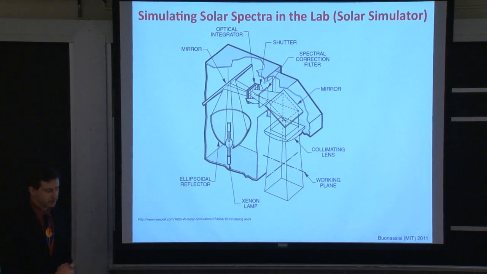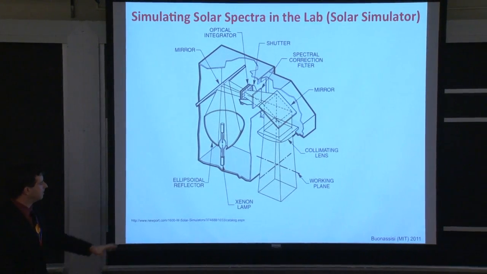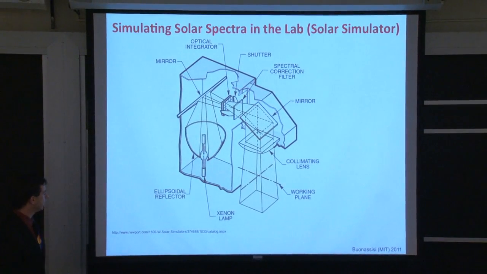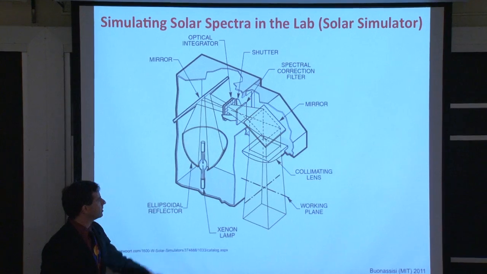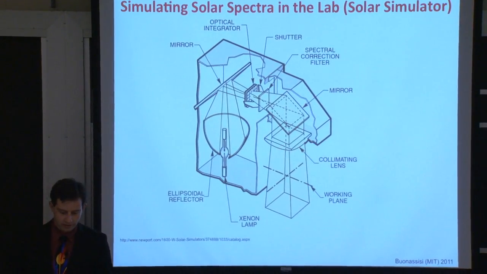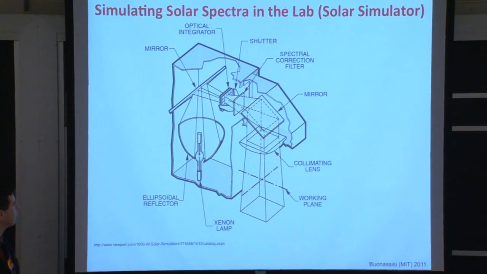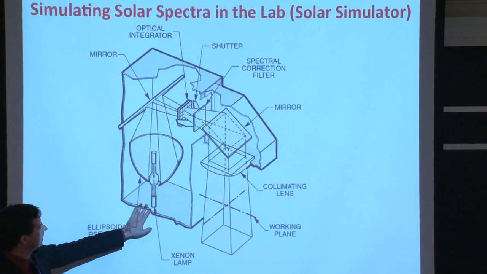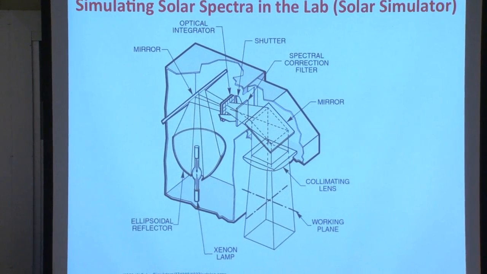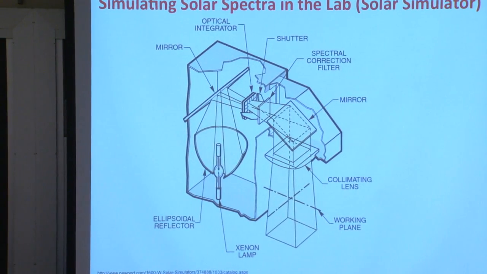So the solar simulator, this is a schematic coming off of the Newport website. Many of the solar simulators in the laboratories here at MIT, as you'll see as you walk around, be Newport Oriel or related brands. We have the light source back here. Note the type of the lamp right here. It's a xenon arc lamp.